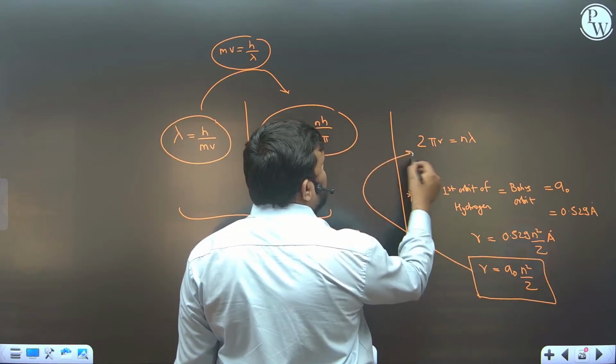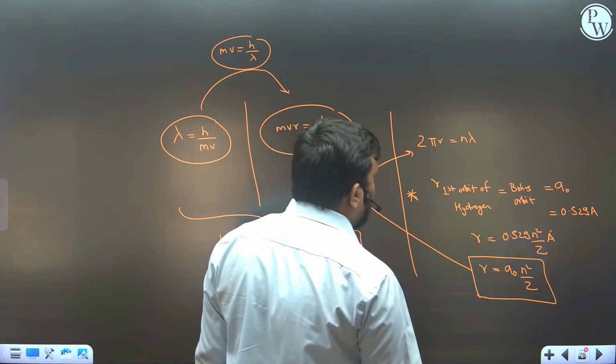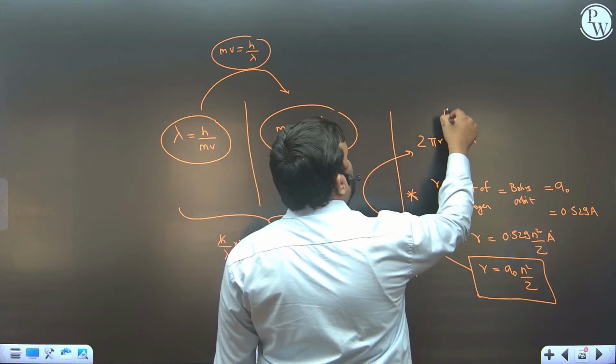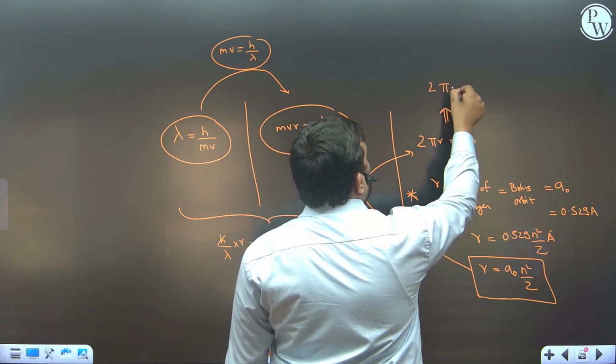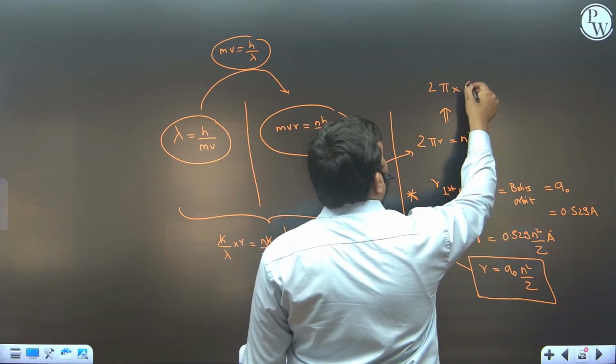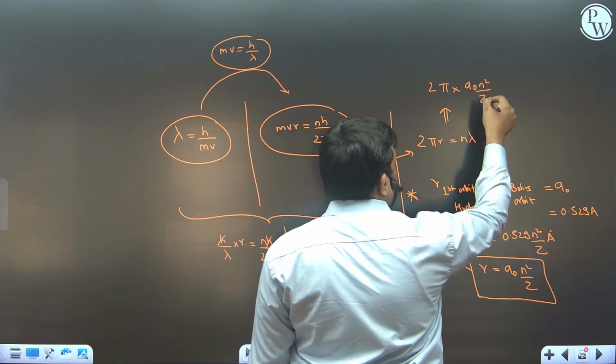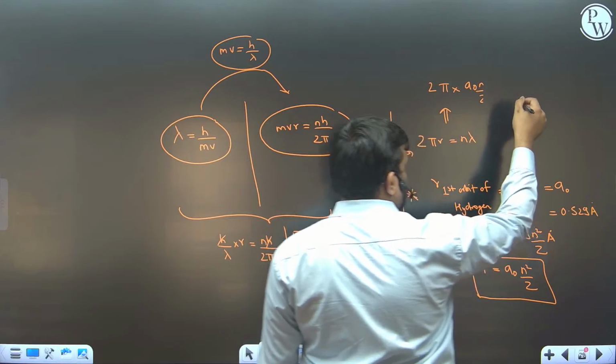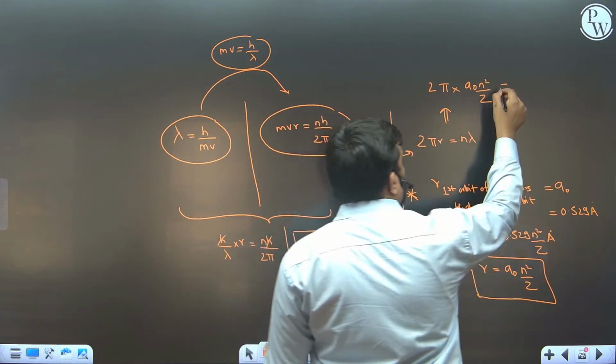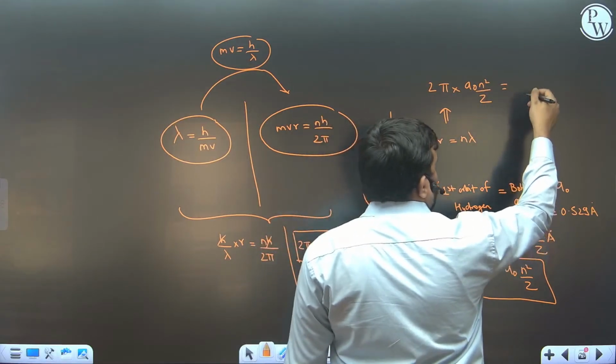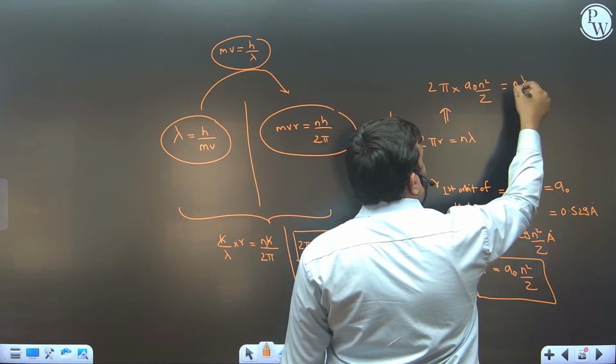Put this equation in 2 pi r is equal to n lambda. You are having 2 pi into A naught n square by Z is equal to n lambda.